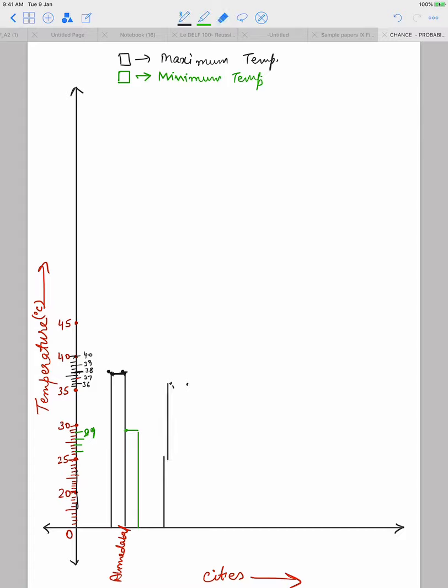Sorry, I have to make it a single line here. So 37 was somewhere here. So I will make one line here, and I will try and make a bar of height 37 degrees Celsius.